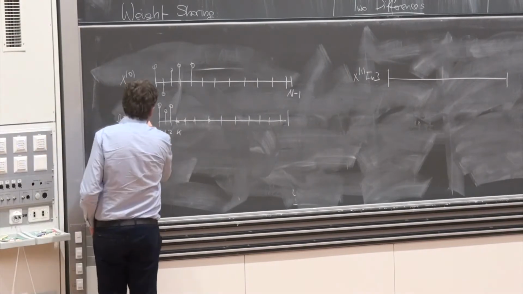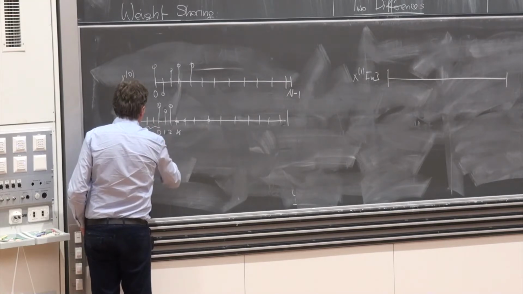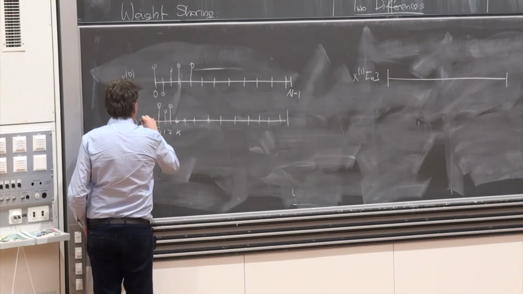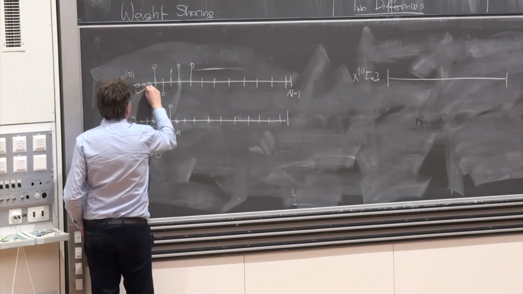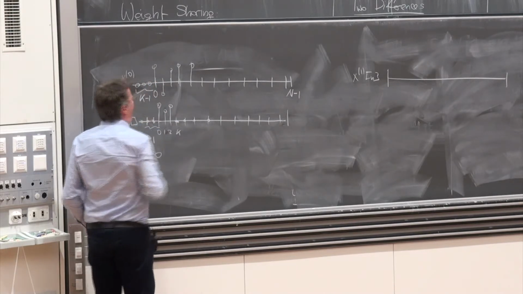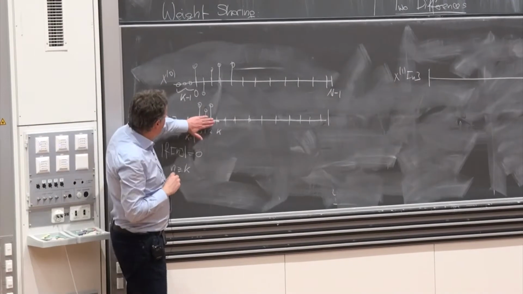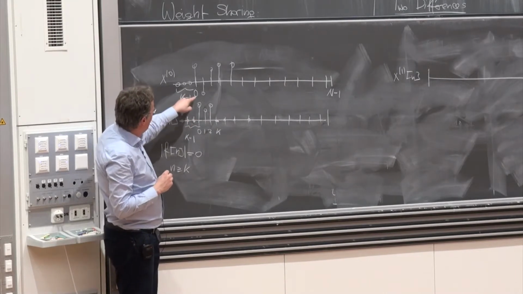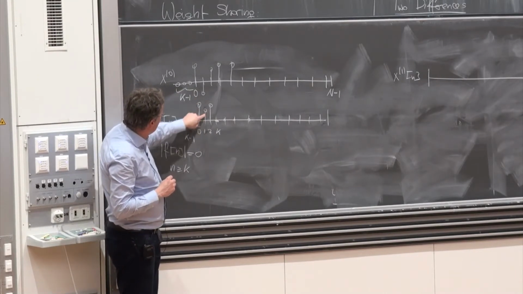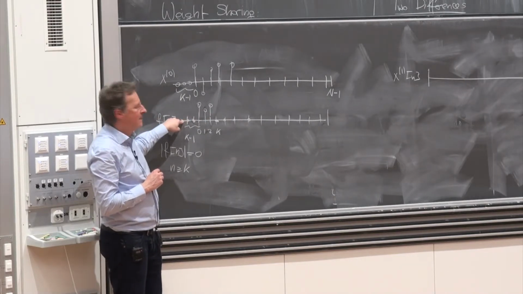If I add k minus 1 zeros here, then I take this thing and flip it over. The first position will be where this one is here and this one is here, so I have k minus 1 positions outside.